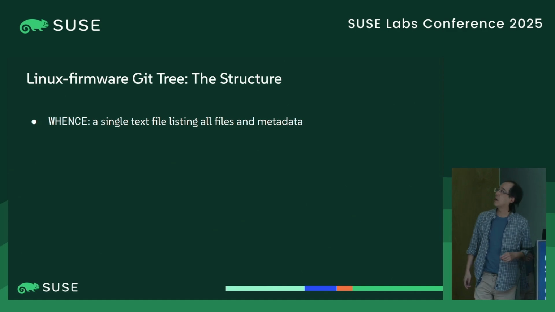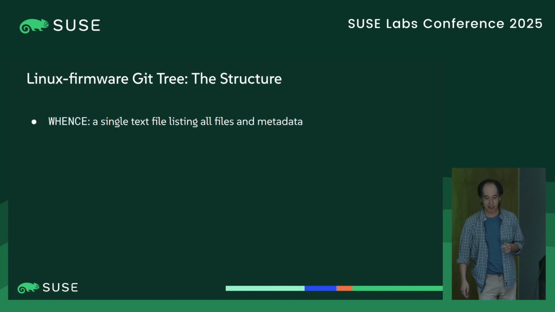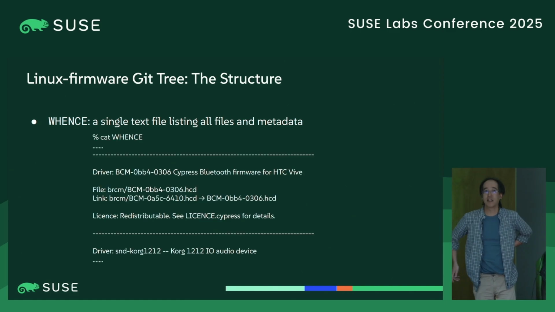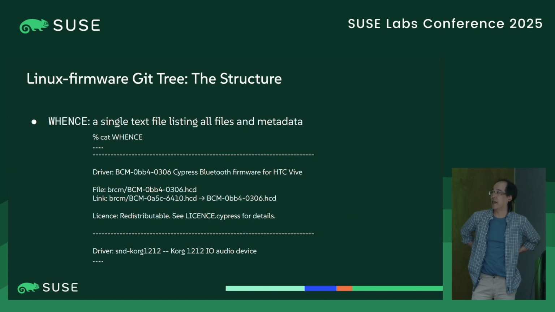The structure of the Linux firmware Git tree is very, very simple. First of all, it has a single large text file called WHENCE, and it lists all firmware files and license information, symbolic links, whatever else. It consists of sections for each driver.